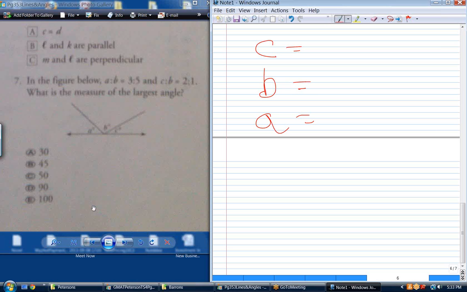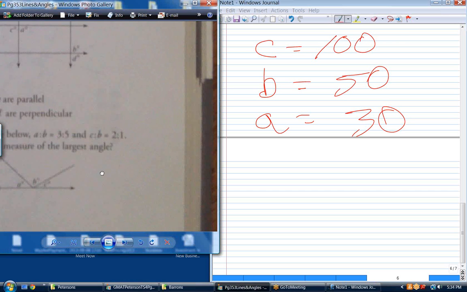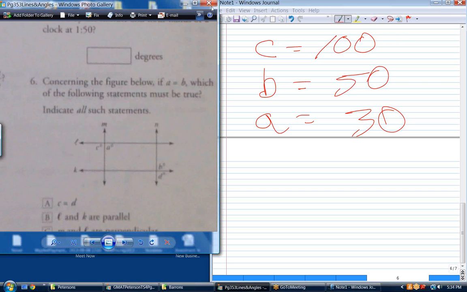Okay, well if C is 100, then B is 50, and then A is 30. Does that work? Yeah, because 30 to 60 is 3 to 5. So in a way, they were kind of rewarding the people that started with the highest one. Maybe. That might be my imagination.